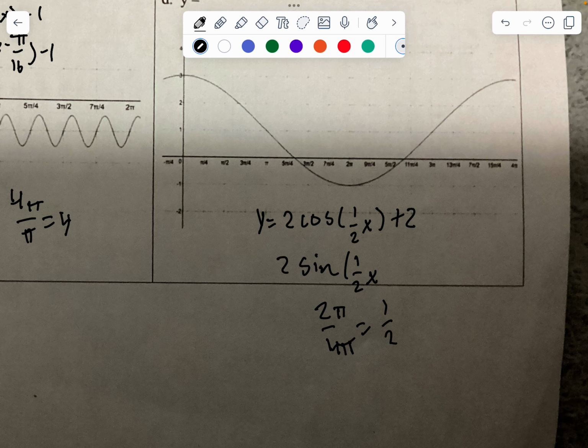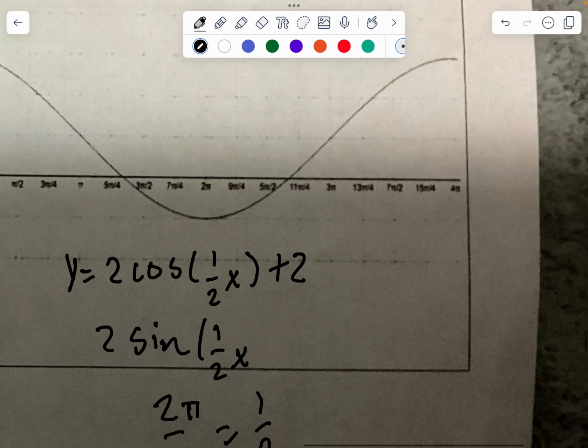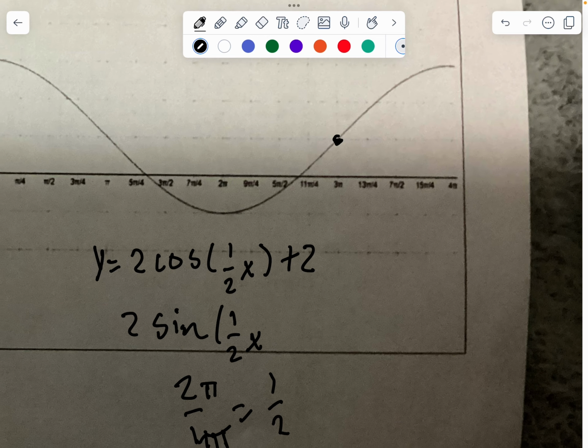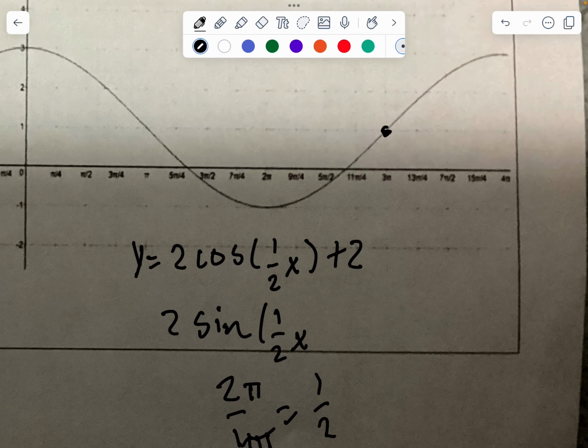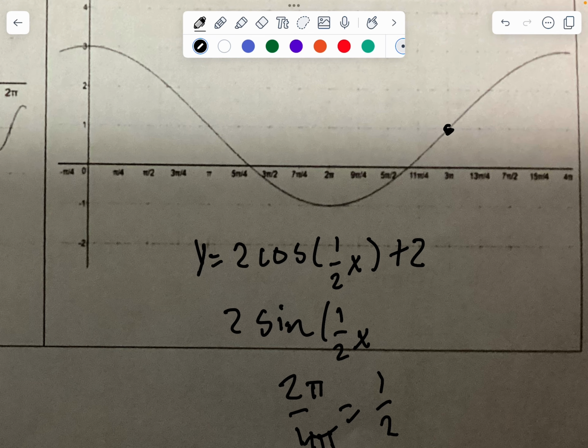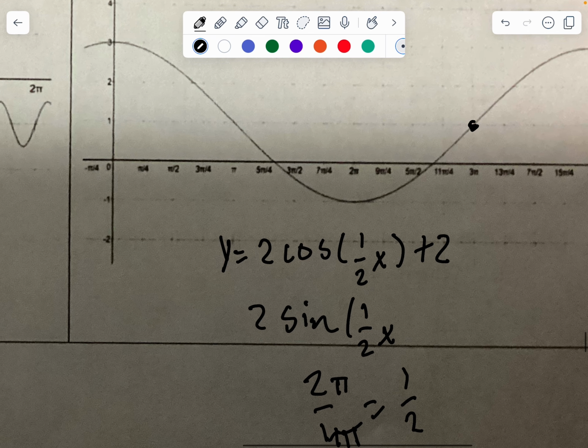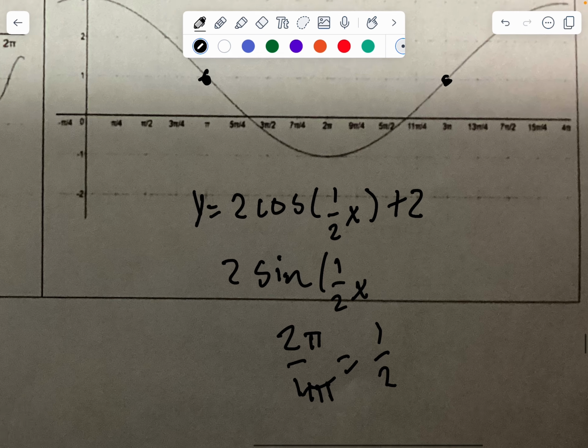We're gonna have a big shift here. So if we started sine, it'd be at 3 pi. So we'd have to backtrack. It's halfway done right here at pi. So pi minus 2 pi is negative pi.